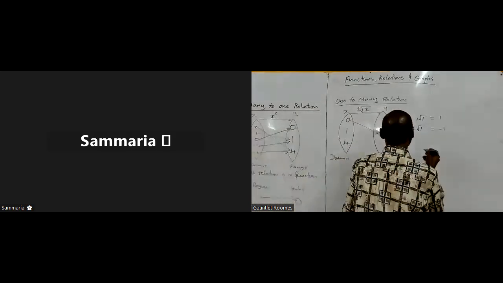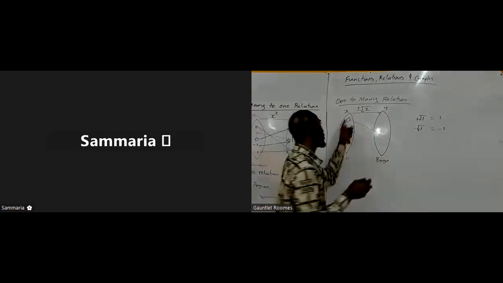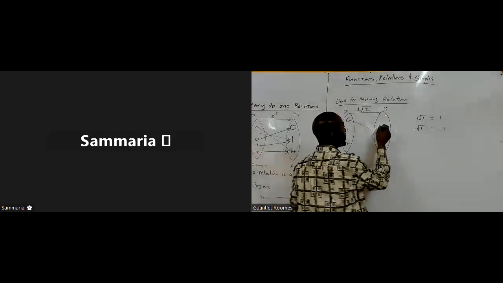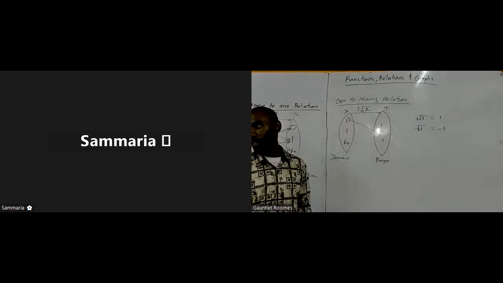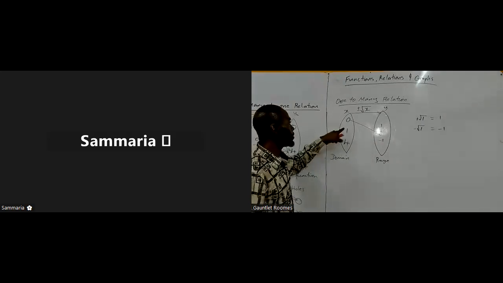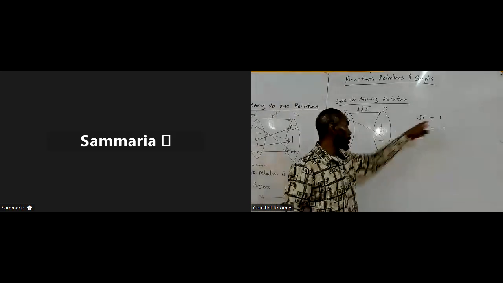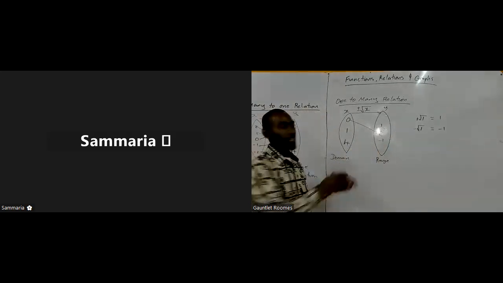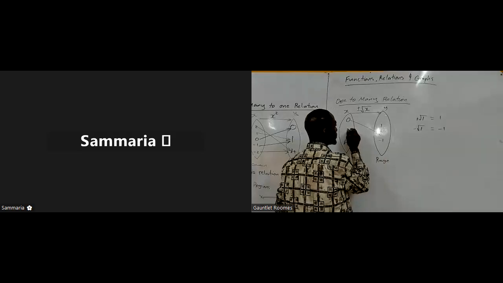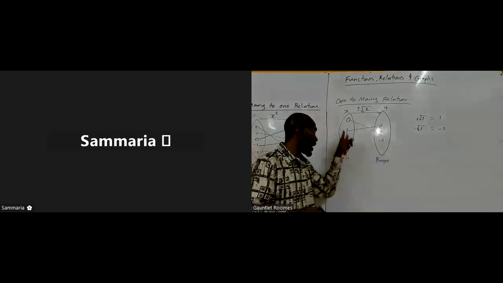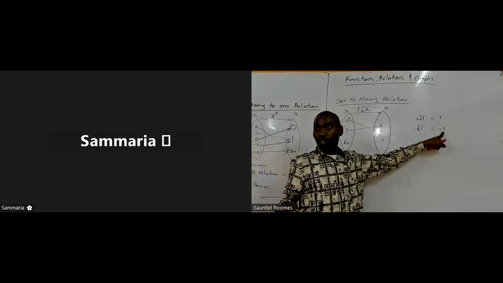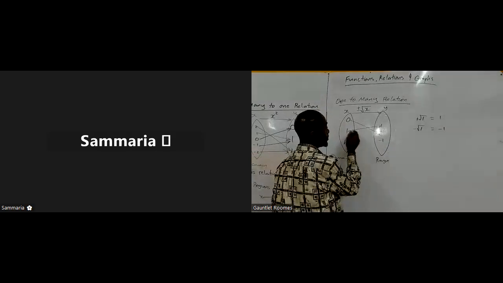So let's fit this in now. We're going to have a positive 1 and a negative 1. The positive square root of 1 gives us positive 1, but the negative square root of the same 1 gives us negative 1.